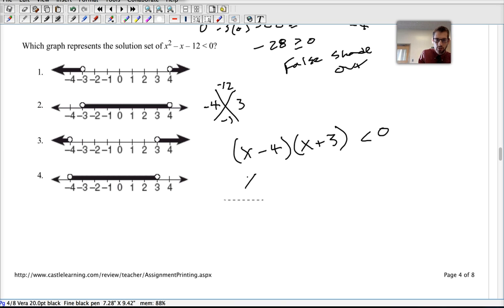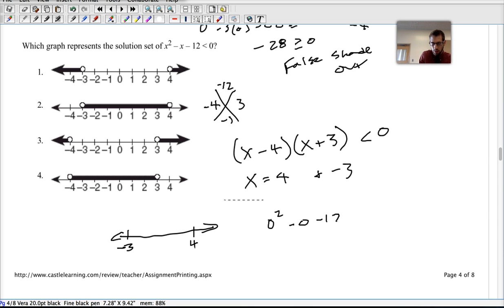So solutions are x equals 4 and negative 3. So if I'm going to draw my number line, I've got a negative 3 and a 4. Test the point 0. So 0 squared minus 0 minus 12 is less than 0. So negative 12 is less than 0. This is true, so I'm going to shade in.